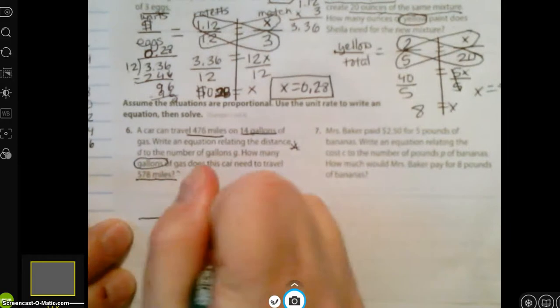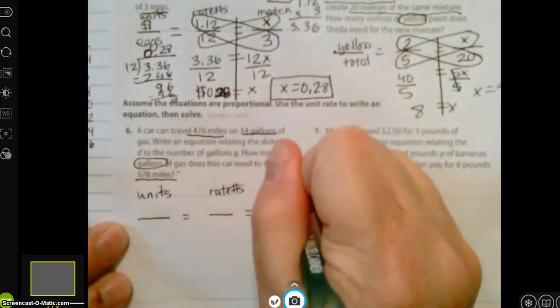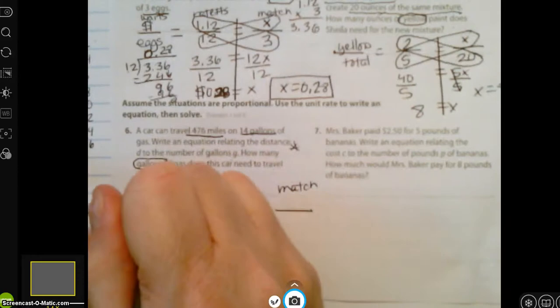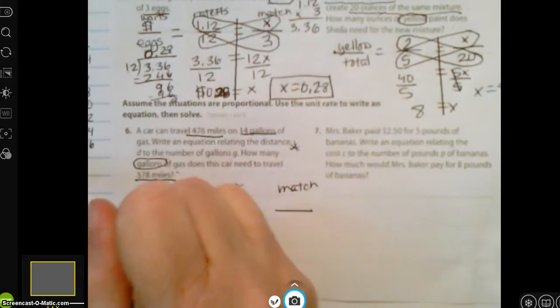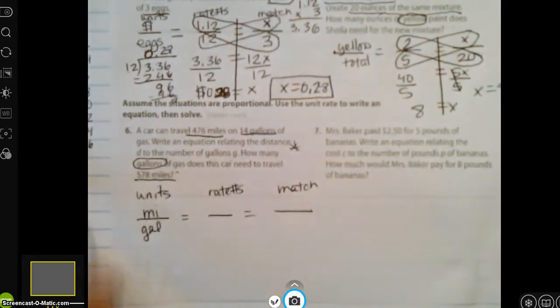We're going to set up our proportion to solve this, okay? Line equals line equals line. Remember units, the rate numbers, and then we match. So hopefully you know our units, we have miles and we have gallons.